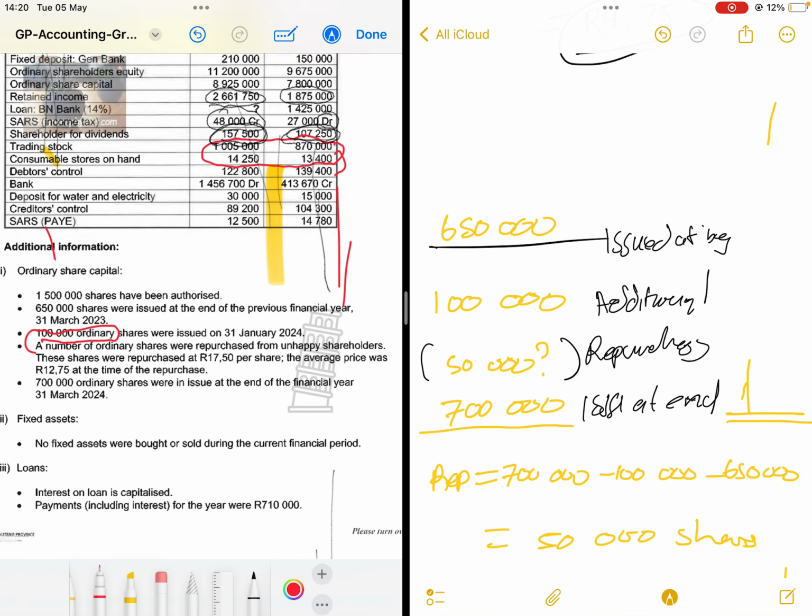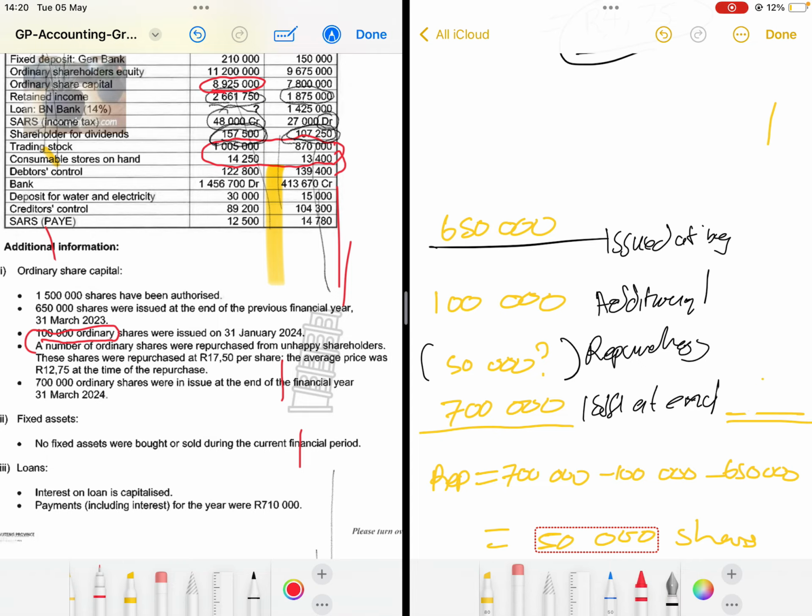Now I need the share capital at the end, which is 8,925,000.